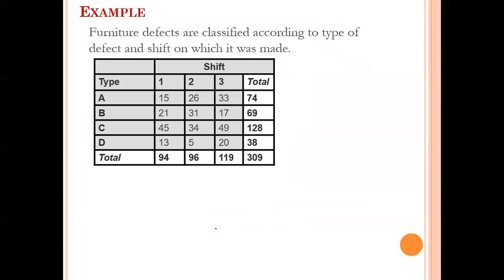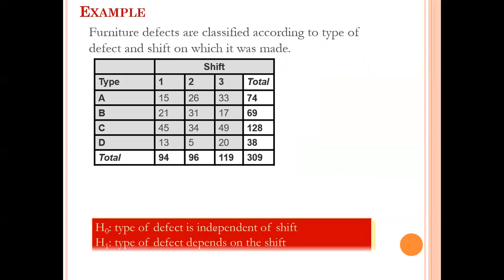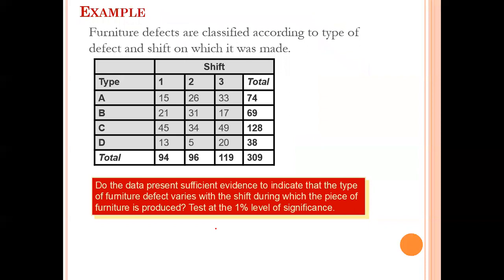Okay, so now let's see the examples. In this example, it states that furniture defects are classified according to the type of defect and the shift on which it was made. So now they give you the value of the type of defect and the value of shift.